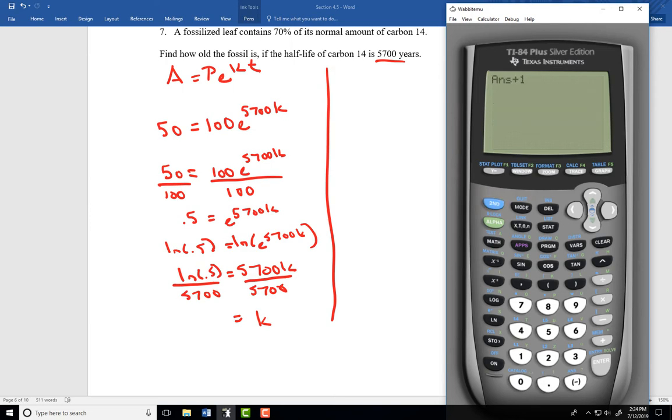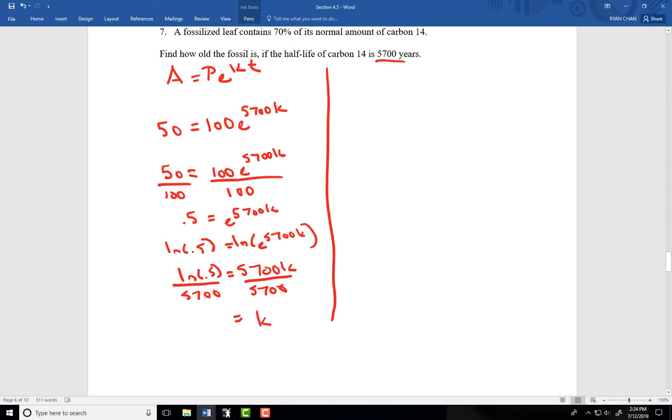This can happen because you can have a k that's really tiny. This is actually negative 0.000121. You can write that, but the problem is it's going to be kind of tedious. So sometimes you want to write it in this form: natural log of 0.5 over 5700 just stays like that.